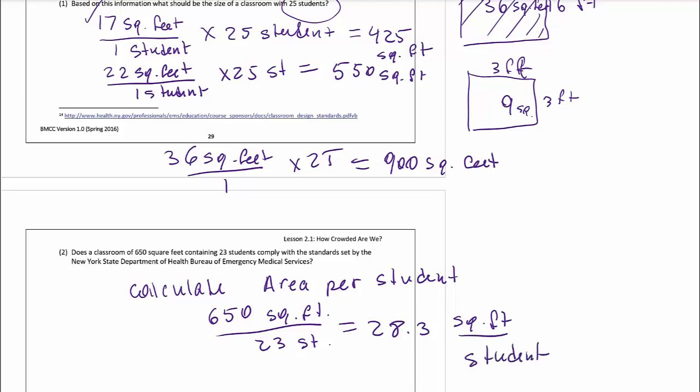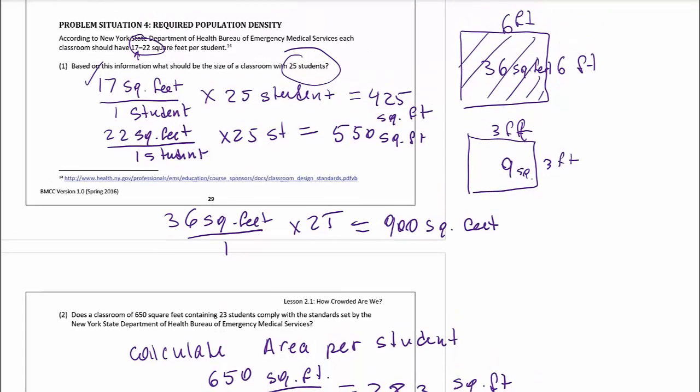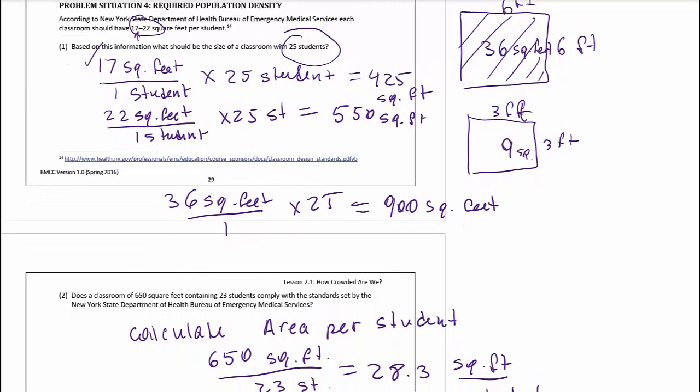So 28 is more than 22, right? So that means they're giving even more space than is required. That's even better. It says 17 to 22, that's the range, but if it's more, the better. So yes, it definitely satisfies the requirements set in the question.